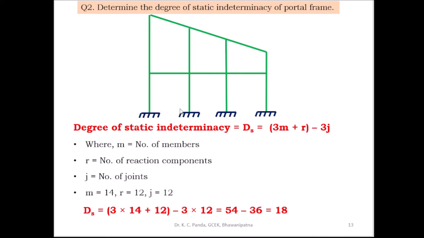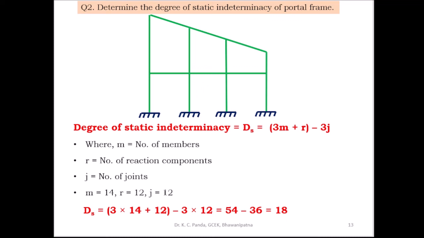Then count the number of members: 1, 2, 3, 4, 5, 6, 7, 8, 9, 10, 11, 12, 13, 14. The number of members is equal to 14. Then count the number of joints: 1, 2, 3, 4, 5, 6, 7, 8, 9, 10, 11, 12. So the number of joints J is equal to 12.